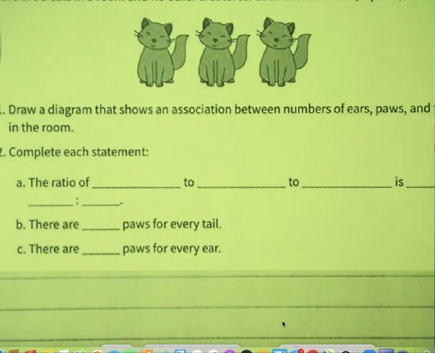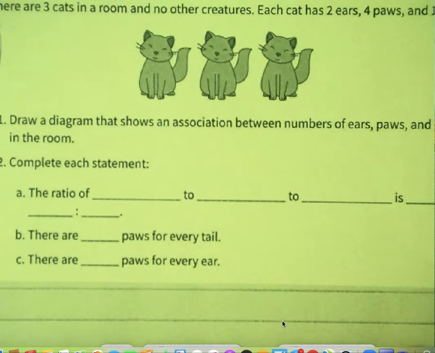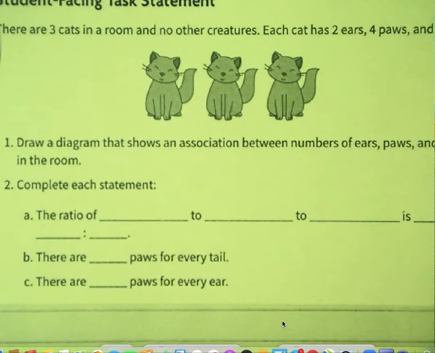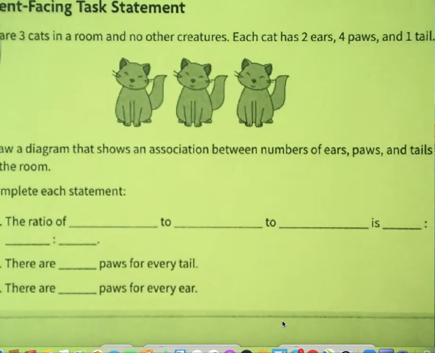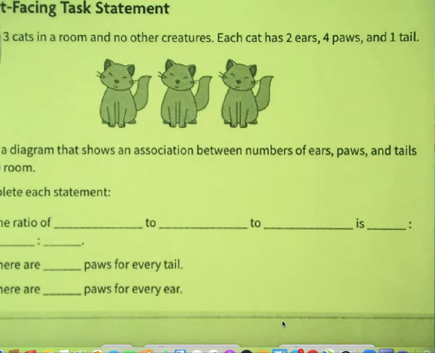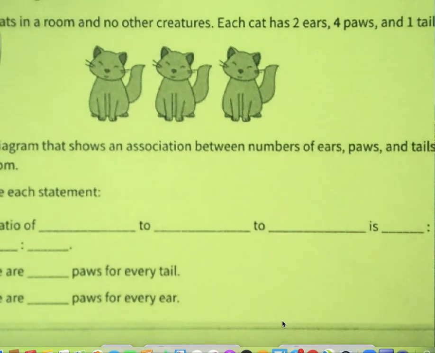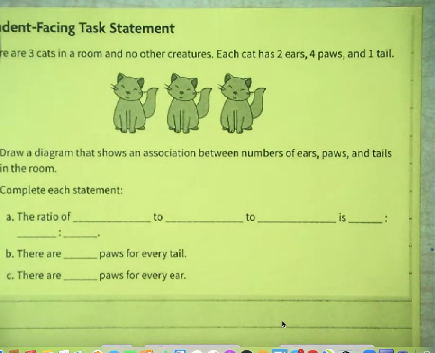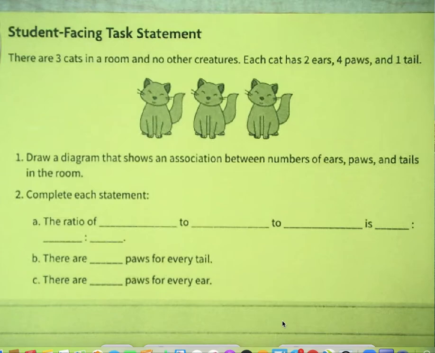All right. So let's look at this last one. There are 3 cats in a room and no other creatures. Each cat has 2 ears, 4 paws, and 1 tail. Okay? Draw a diagram that shows an association between numbers of ears, paws, and tails. Okay?